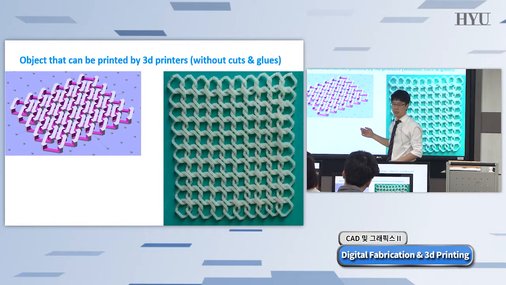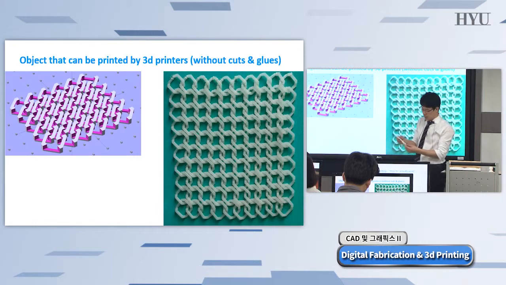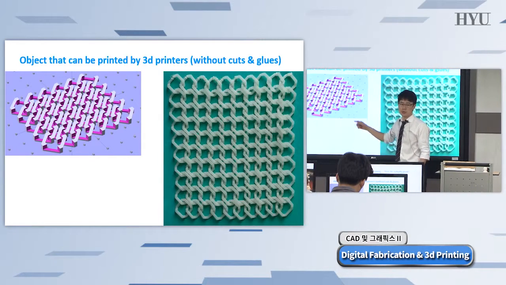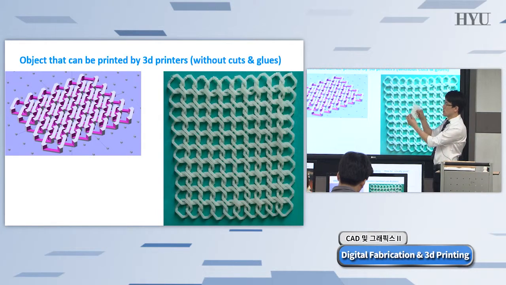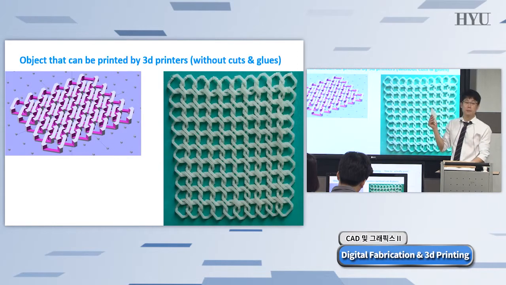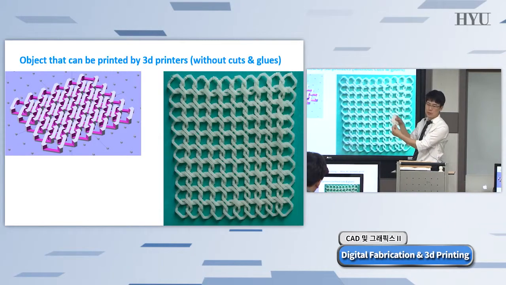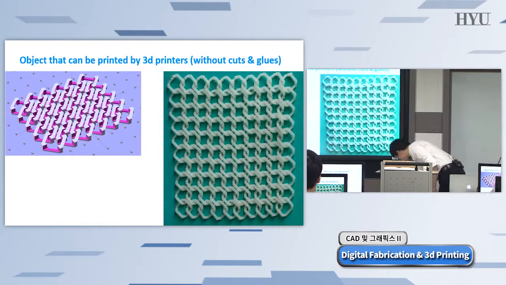Because of gravity, it's not possible to print this structure on the top. That is why we need to make some bridges and stand-purpose bars, okay? Thankfully, 3D printing software auto-generates those structures, as you see in this structure. You can easily remove those additional parts after 3D printing, and then you can get this kind of structure, okay? That's my point.